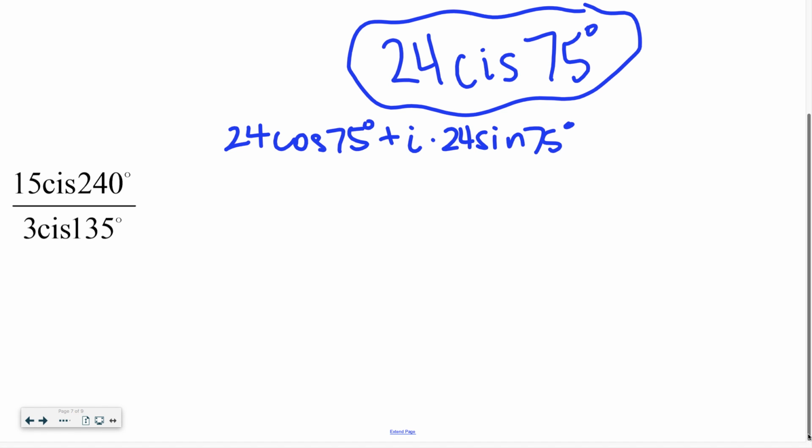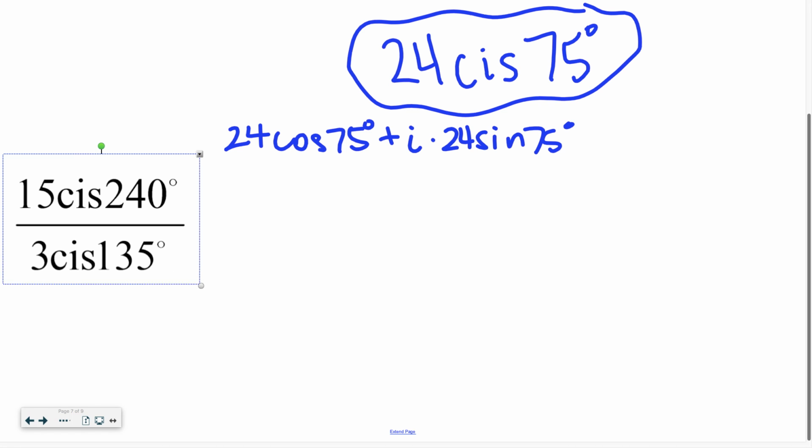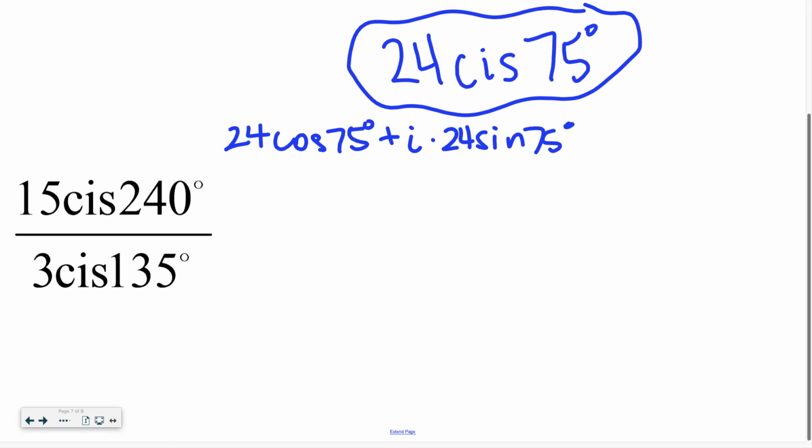Last example. Okay, what do we do with the R's?